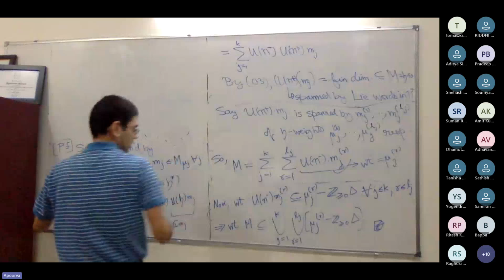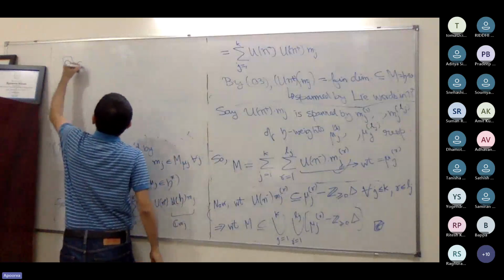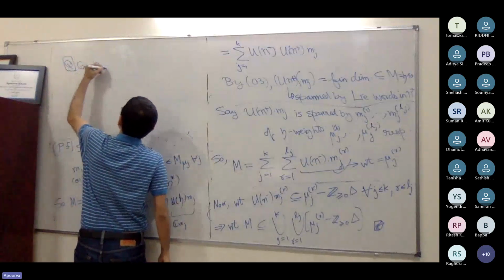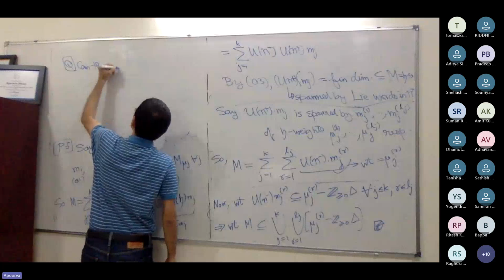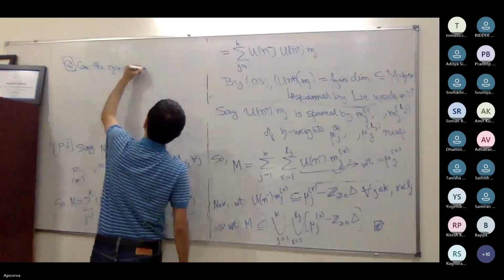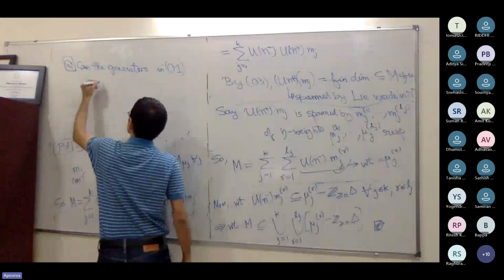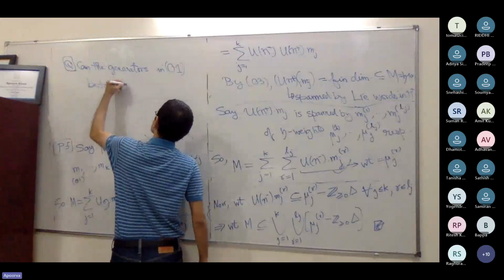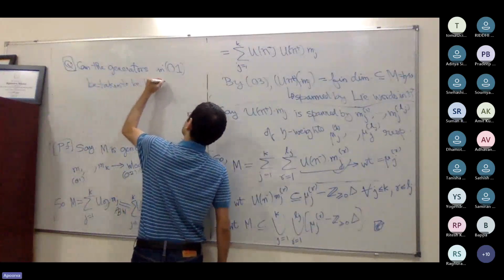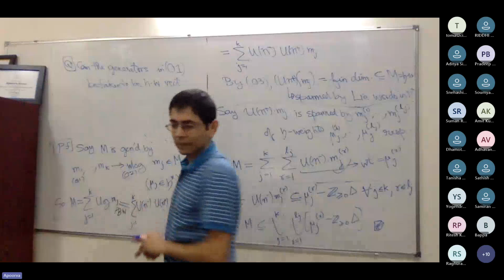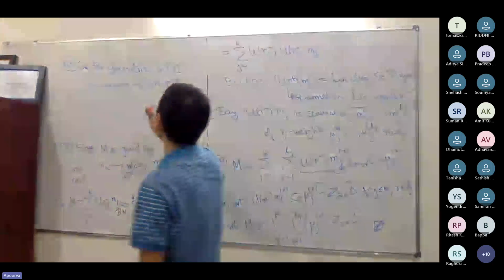Let's see. Let's write down the question. Can the generators O1 be taken to be highest weight vectors? I think I'm using the word maximum vectors.